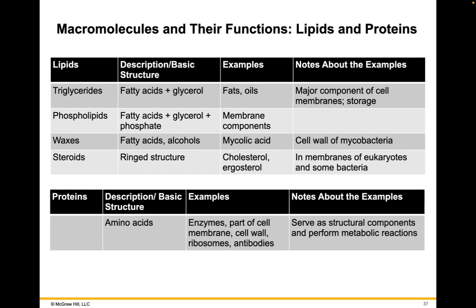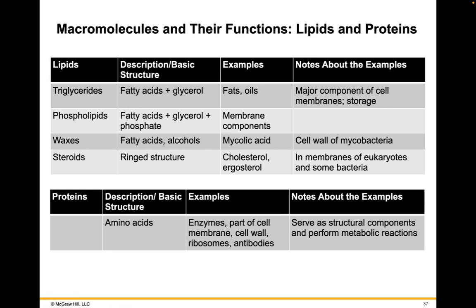Lipids, their primary function, is your second source of energy. So if your diet is low in carbohydrates, then what is your body going to use for energy? The next thing it goes to is lipids. So lipids provide some energy. It also is super important because it makes up cell membranes.